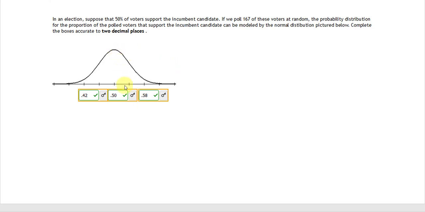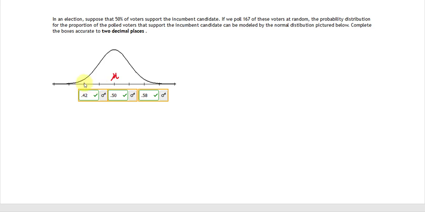So how do I find what is this value, what is this value, and what is this value? Okay, so this is the normal curve. We know that this is the mean, the center, right, at the center, and this is 1 standard deviation below the mean, this is 2 standard deviations below the mean, and this is 1 standard deviation above the mean, and 2 standard deviations above the mean.